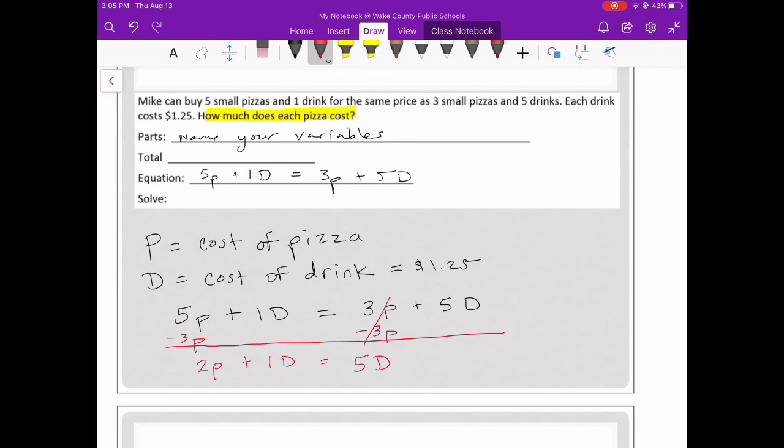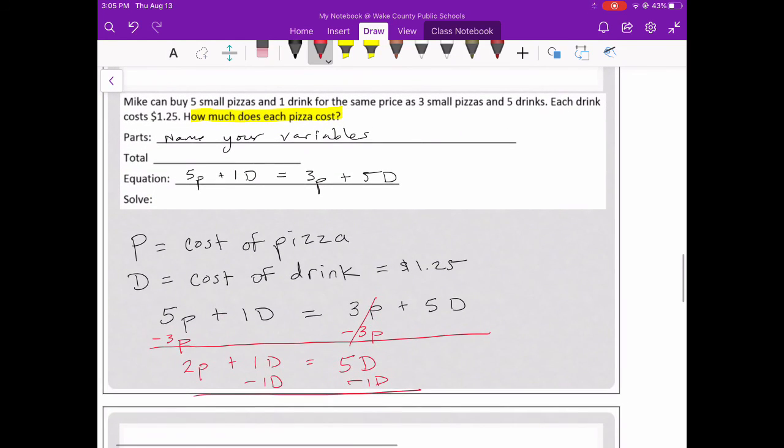To try to get the p's by themselves, I'm going to get rid of the d's from the left side. What's the opposite of adding? It's subtracting. So I'm going to subtract 1d from both sides, and that's going to give me 2p. My d's cancel on the left side, and 5 minus 1 is 4d. All right, 2p equals 4d.